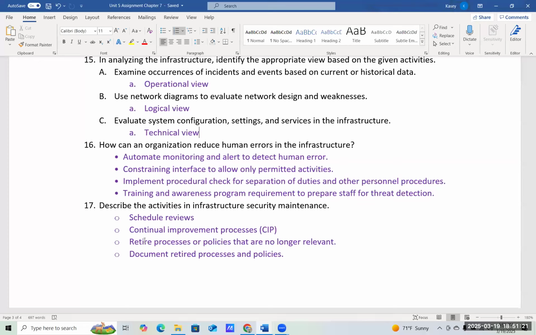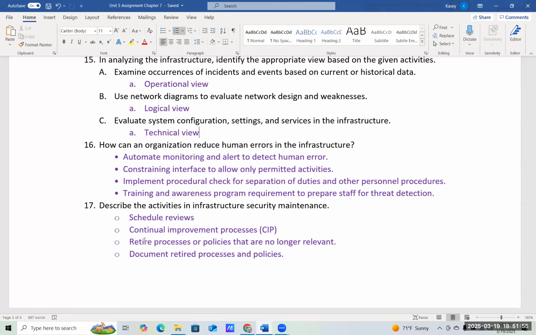So outside of the life cycle itself, we want to make sure that we come back to the beginning step, and it is continuous for maintaining security processes. We want to make sure that we have CIP, continual improvement processes. And for things that don't work well for us, or old rules that are no longer effective, you want to have processes to get rid of them.